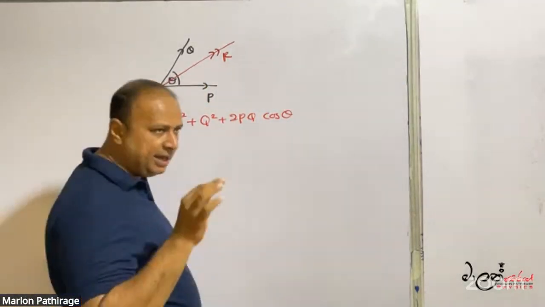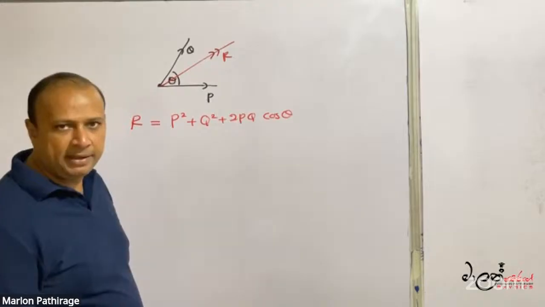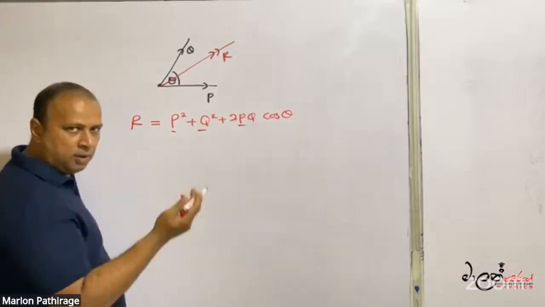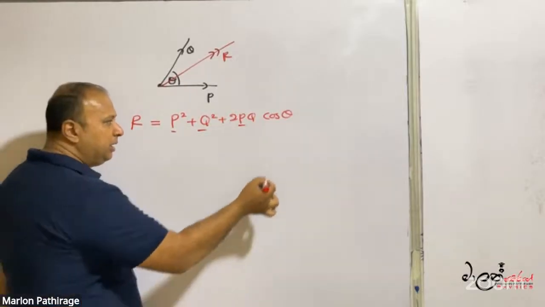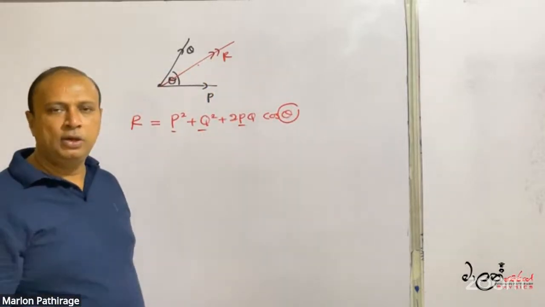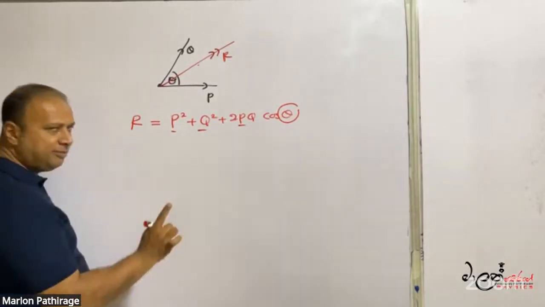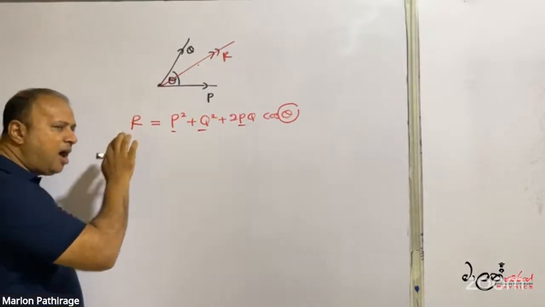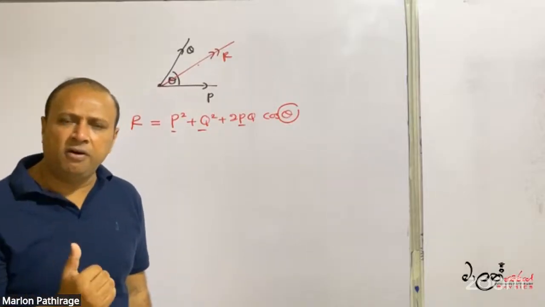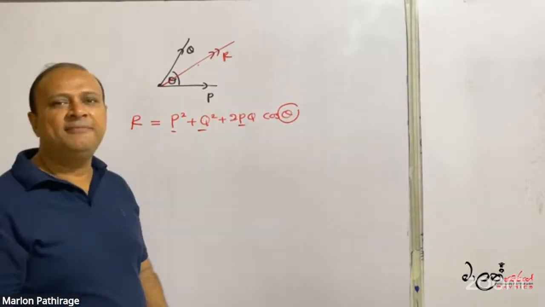As we discussed, the resultant vector varies according to the angle, because P and Q are given, so we know these values and they are constants. But according to this angle, the resultant may vary. R will be maximum when cos theta is a maximum.